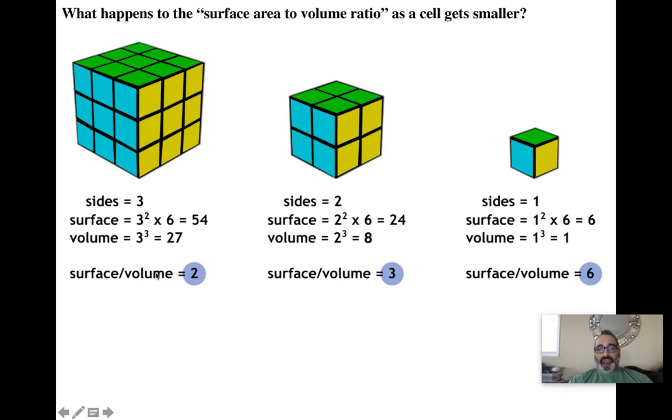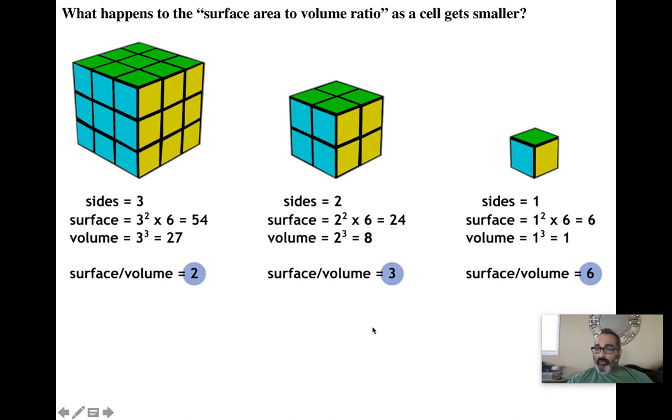For example, 54 divided by 27 gives you 2, so it has twice as much surface area as it does volume, so to speak. This one, as it gets a little smaller, has 3 times the surface area to accommodate the volume. This last one, the smallest, has 6 times the surface area to accommodate volume.